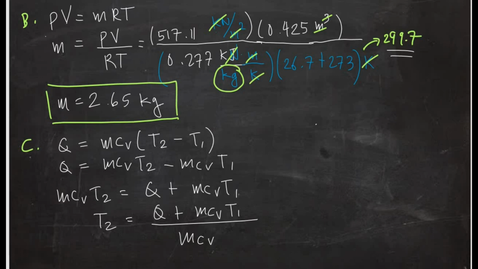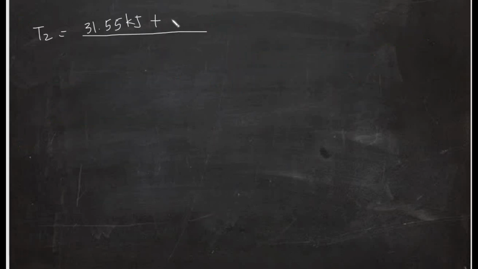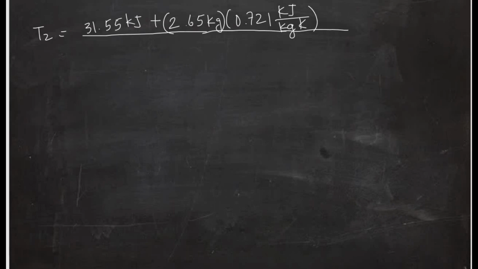We have T sub 2. T sub 2 is equal to 31.55 kilojoules plus mCV T sub 1. So m is 2.65 kilograms. And then C sub V is 0.721 kilojoule per kilogram Kelvin times T sub 1.